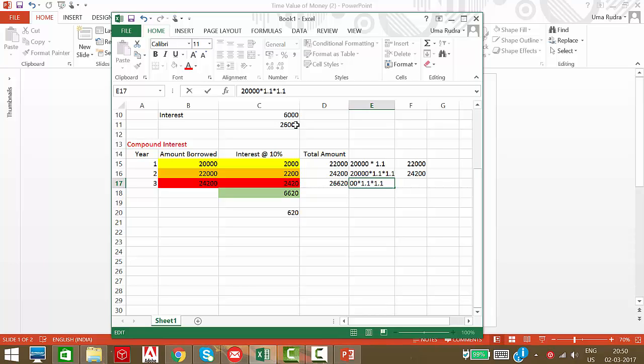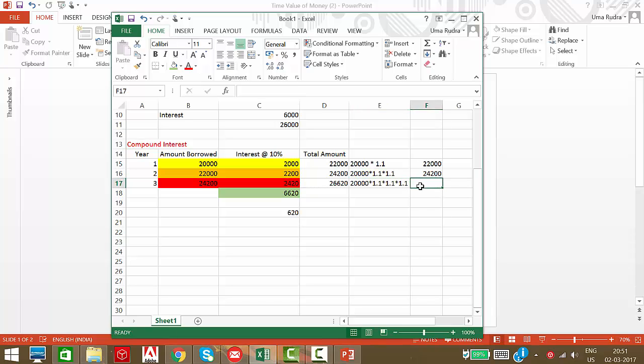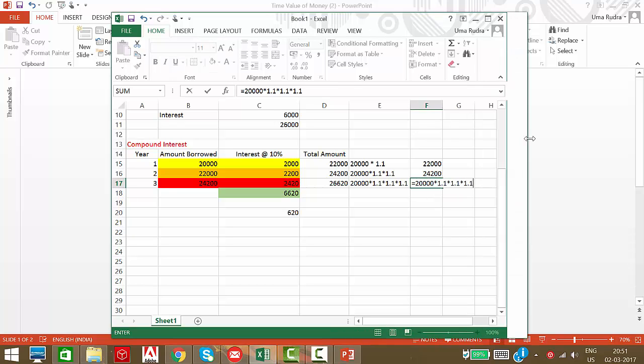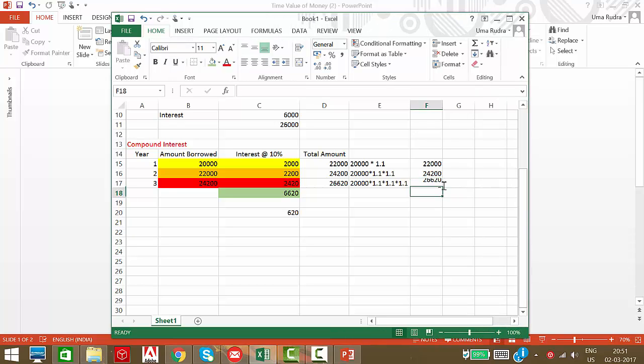On this, I am charging interest, so 1.1. Let me put the formula here: 20,000 multiplied by 1.1 multiplied by 1.1 multiplied by 1.1. Yes, it is coming 26,620, which is here.